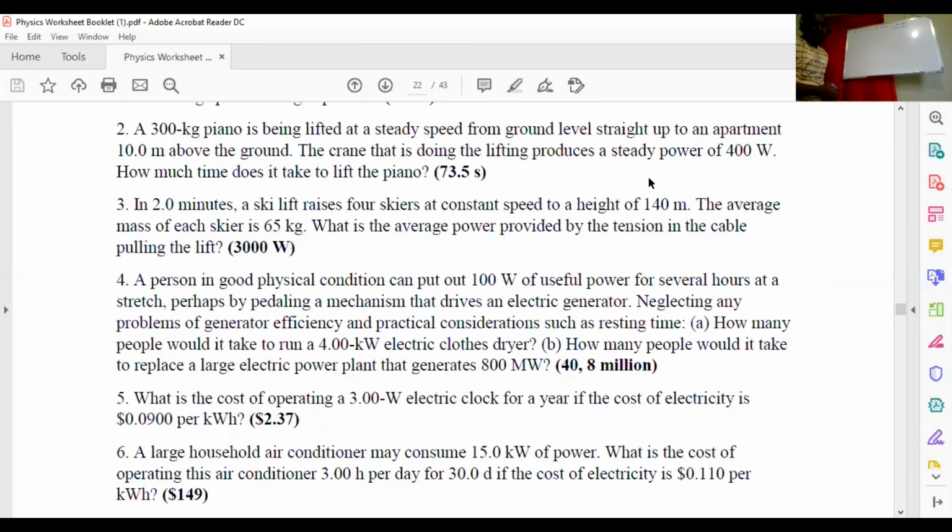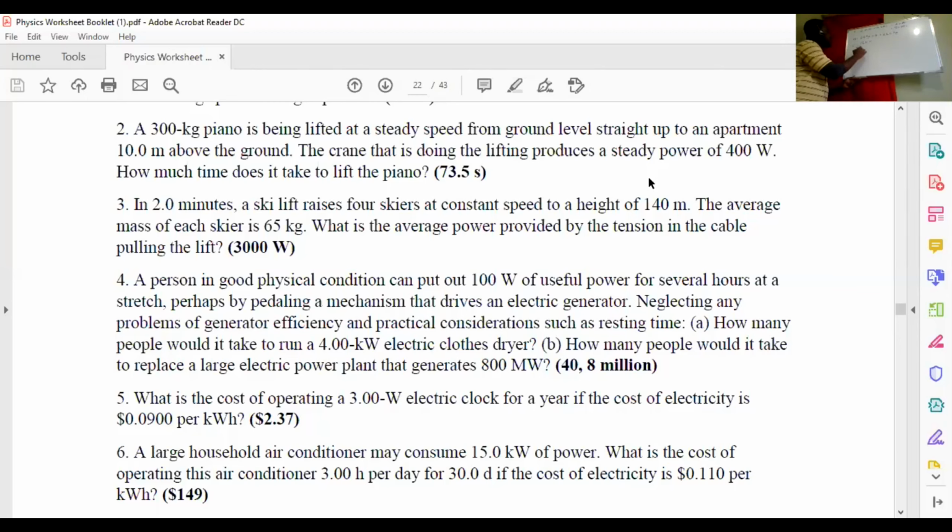All right, so we have the time in seconds. It says the mass is 65 kilograms, but it's 4 persons, so multiply 65 by 4 because each person has an average mass of 65. So that's 260 kilograms. It also gives us the distance moved, or the height, which is 140 meters, and it asks us to find the power.